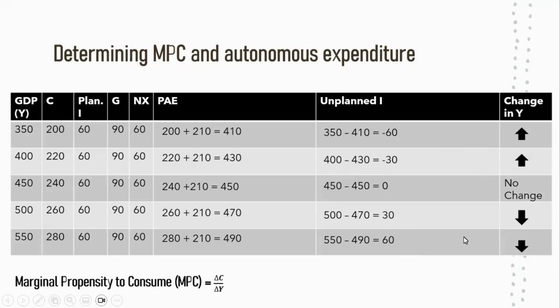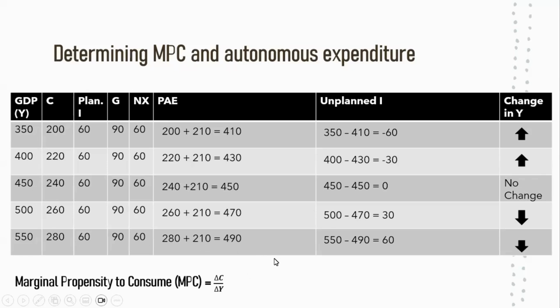Now, finally, we're going to talk about the marginal propensity to consume and how we can calculate it utilizing these values. Here, MPC equals the change of consumption divided by the change in Y or GDP. And for this, we're going to come to the table, and GDP, as we see, it is increasing by 50 every time.